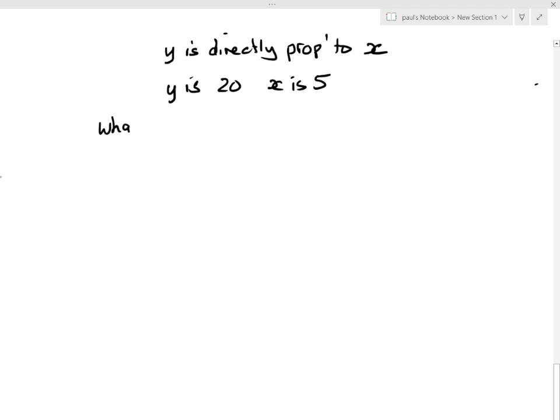Question is, what is Y when X is 10? Now, directly proportional, so this will be the Y equals KX formula.